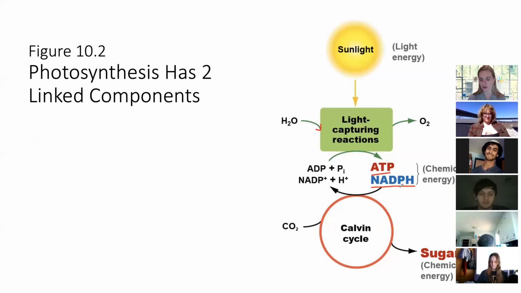So I'll give you just a real brief synopsis here. NADPH or NADP plus that you see over here is a molecule that is able to accept high energy electrons and is able to transfer them to another place in the cell or to another reaction where those high energy electrons can be used to power something else.